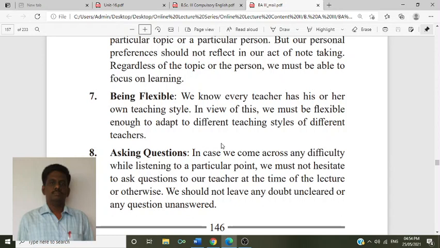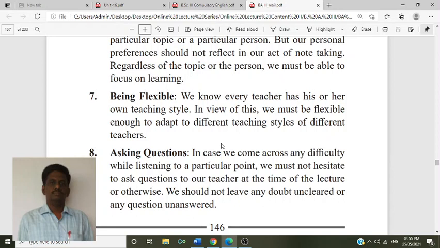This gap between input and intake is bridged by note taking and note making. So while taking notes, in case we come across a difficulty while listening to a particular point, we must not hesitate to ask questions to our teacher at the time of the lecture, or otherwise we may miss that point. So we should not miss that point. We should be very particular in taking that point.